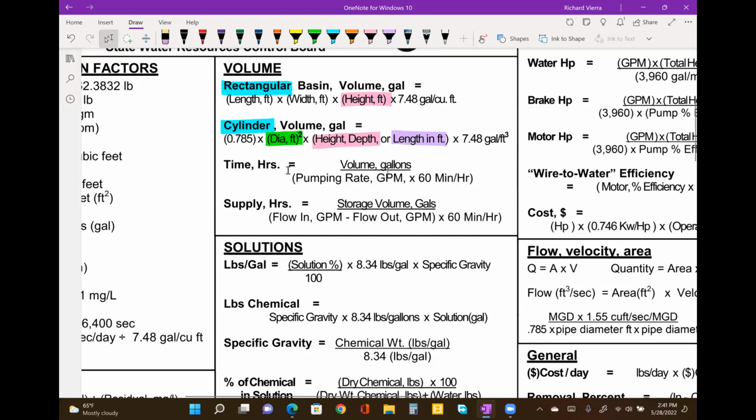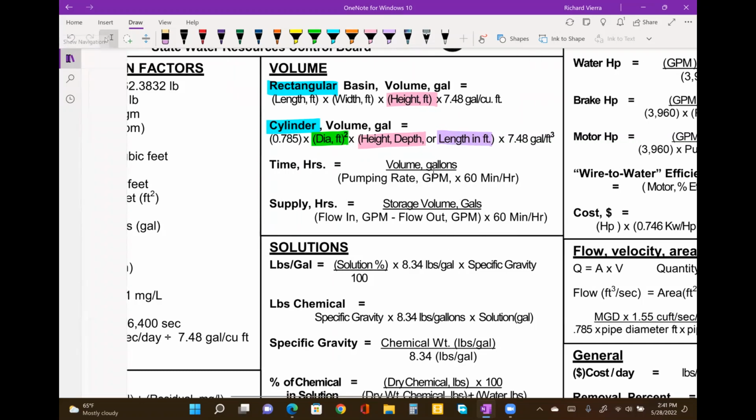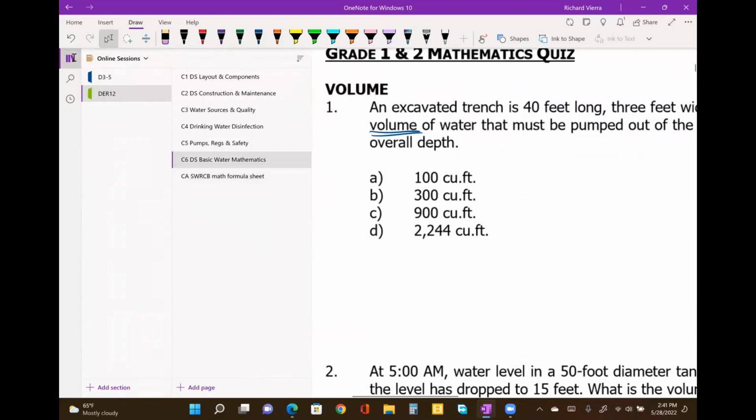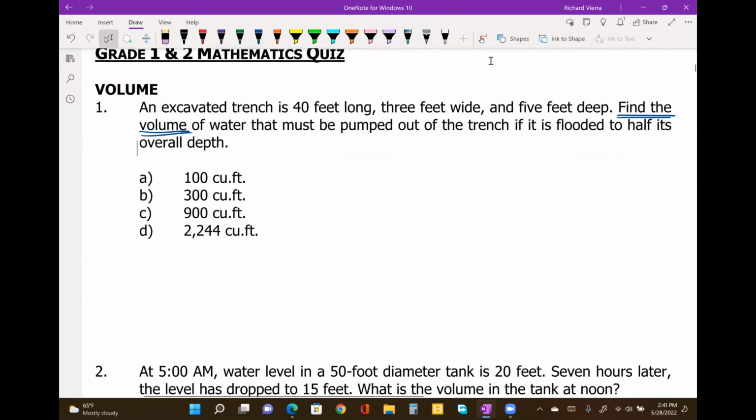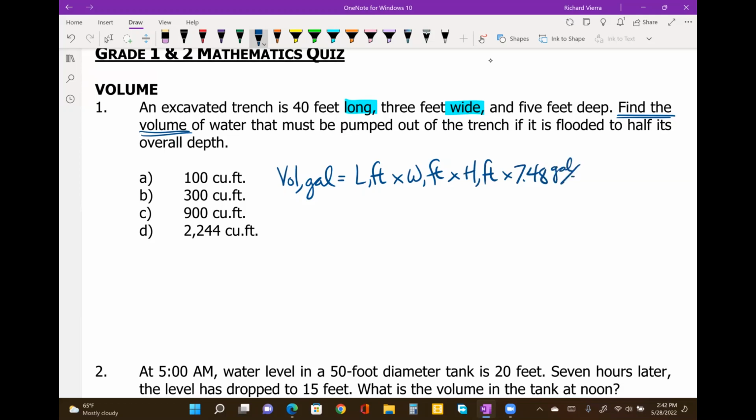The problem with doing number one, which could be the type of calculation that's going to show up on a grade 1 distribution operator exam, is that if you set up the volume formula that applies in this case, since we do have a length given and a width given, and therefore it is a rectangular shape, it is the length in feet times the width in feet times the height or depth of water in feet times 7.48, which is a conversion factor to change cubic feet into gallons.